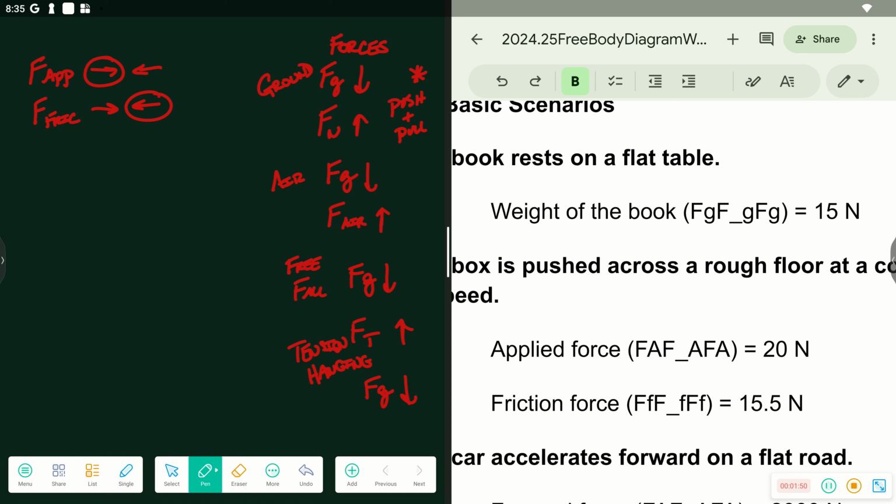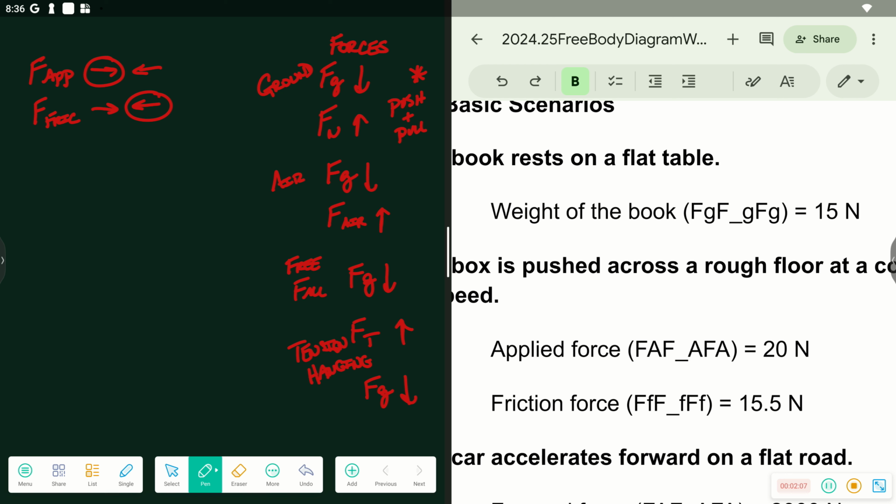In terms of moving left to right, when you're pushing something or you have something that's applied, that's either going to be moving to the left or to the right. And then friction is going to be going against it.